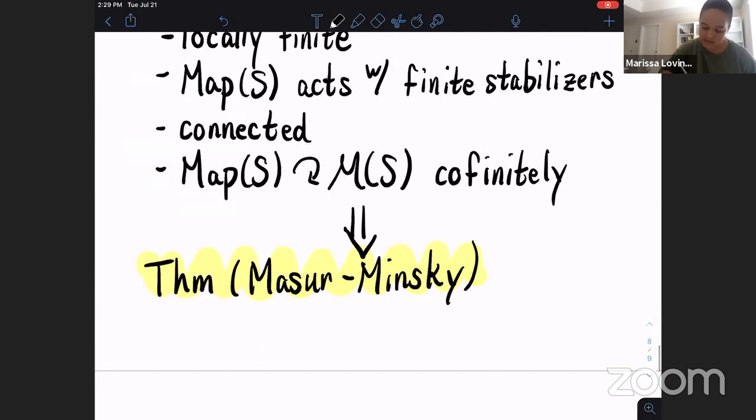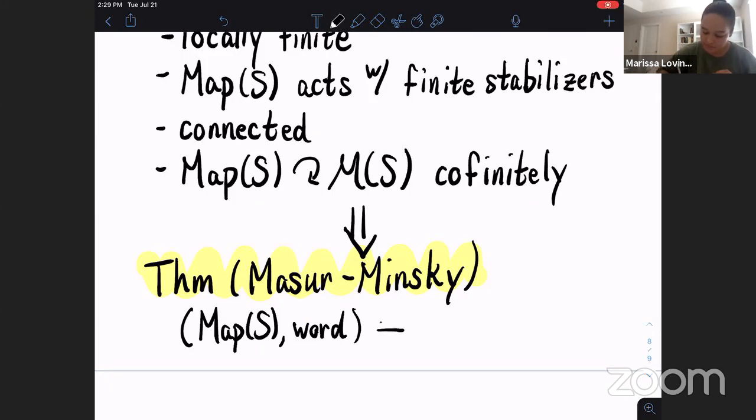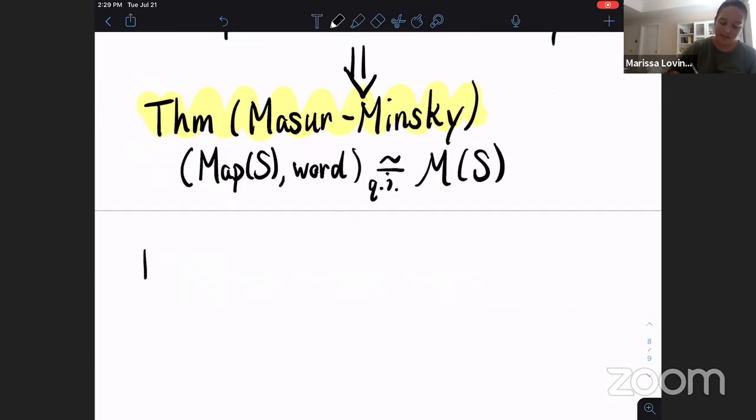It is that if we equip the mapping class group with the word metric, you could take the finite generating set we gave yesterday, the Humphreys generators, this is going to be quasi-isometric to the marking graph. So again, we have this wonderful takeaway.